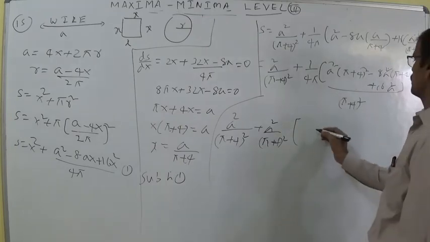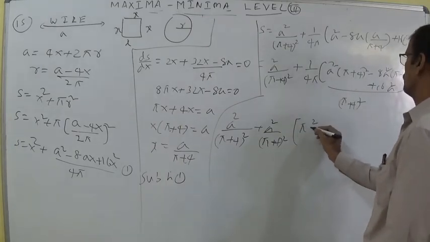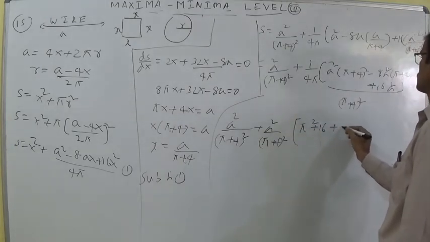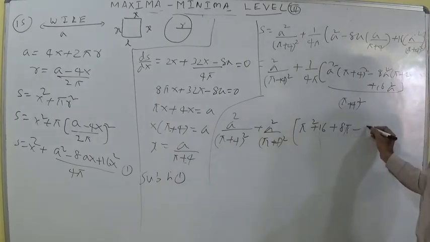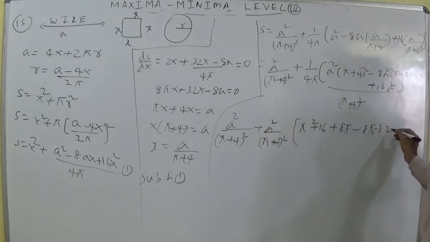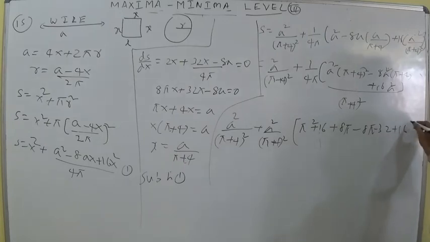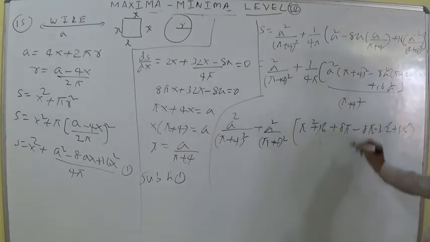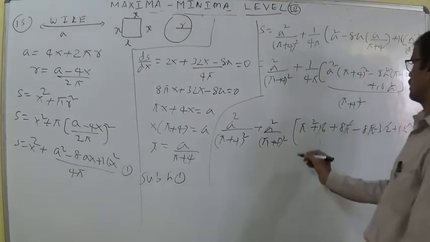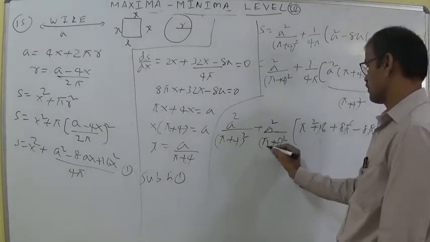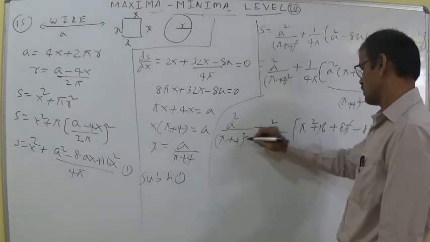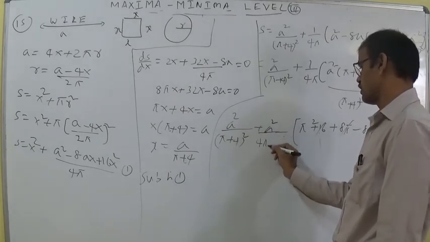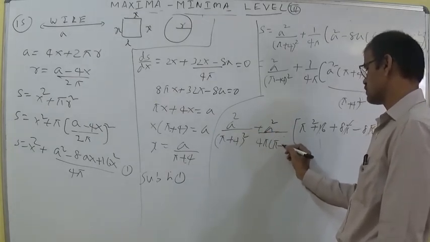Total a square I have taken common. You can write pi square plus 16 plus 8 pi minus 8 pi minus 32 plus 16. So 32 minus 32 gets cancelled, 8 pi also gets cancelled. Here pi square remains. I am writing properly here: 4 pi into (pi plus 4) whole square.